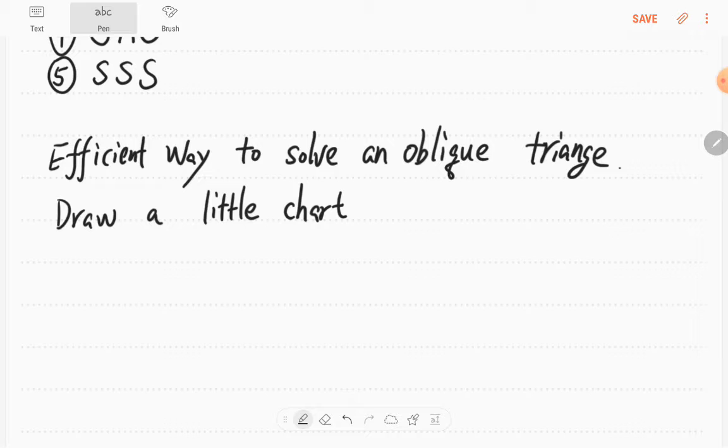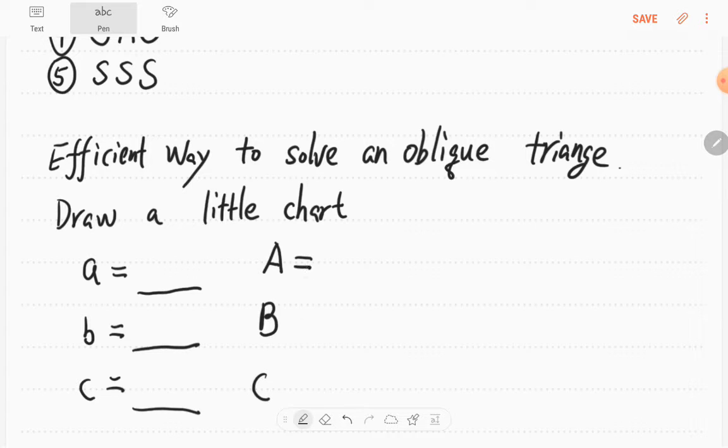The first column represents the sides, so we use a, b, and c. And we draw the second column, which is angle A, angle B, and angle C, and we fill in the blanks. Then we will see which law to use.